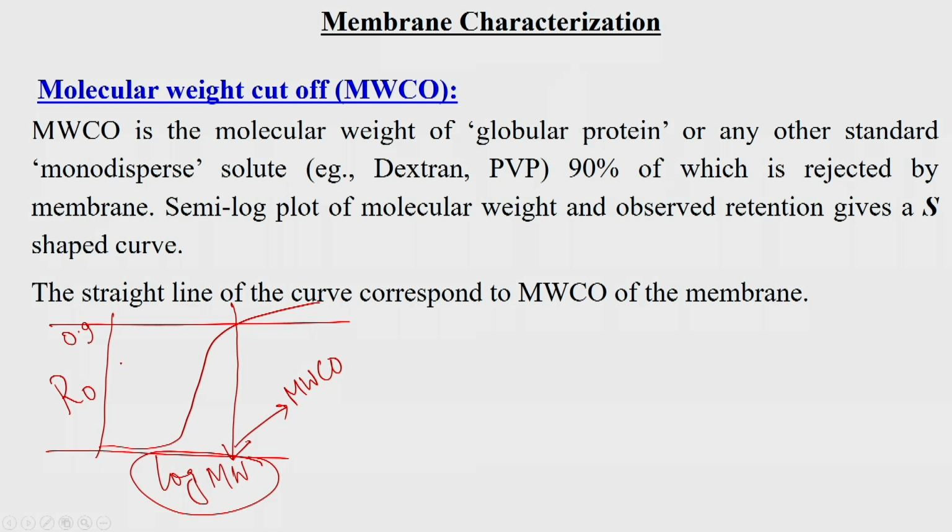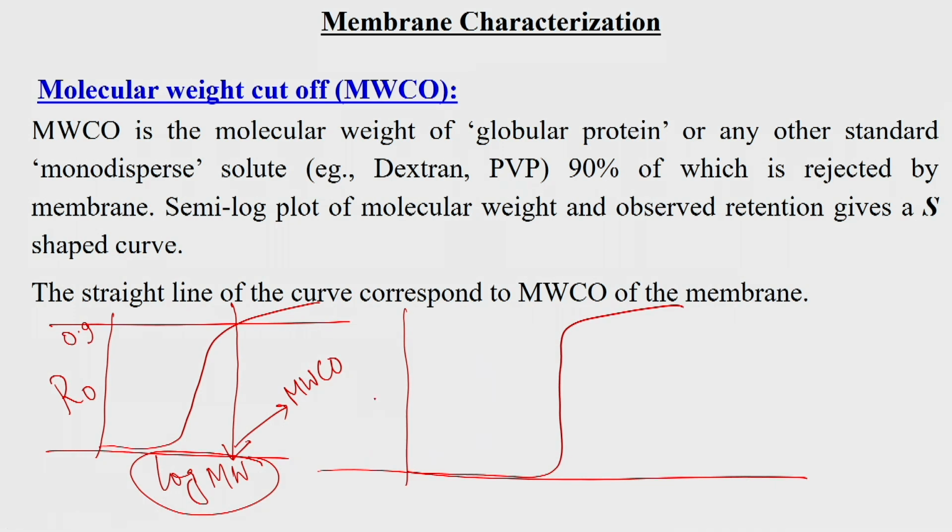The straight line of the curve corresponds to the MWCO. In general, if we have a sharp molecular cutoff like this, suppose this is the observed retention versus log of molecular weight, then this will correspond to MWCO.